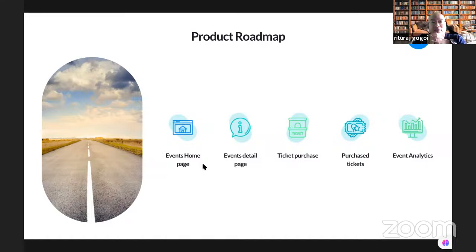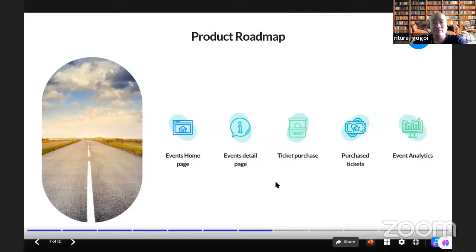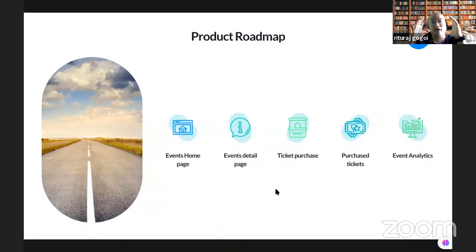And finally, because we knew that what we were building is just an MVP, event analytics was very important for us, because this will determine the future iterations that we were going to bring into the platform. So event analytics is something that we baked into the whole roadmap, and we wanted to be able to collect the important data points from day one itself. So event analytics again was a milestone on our roadmap.